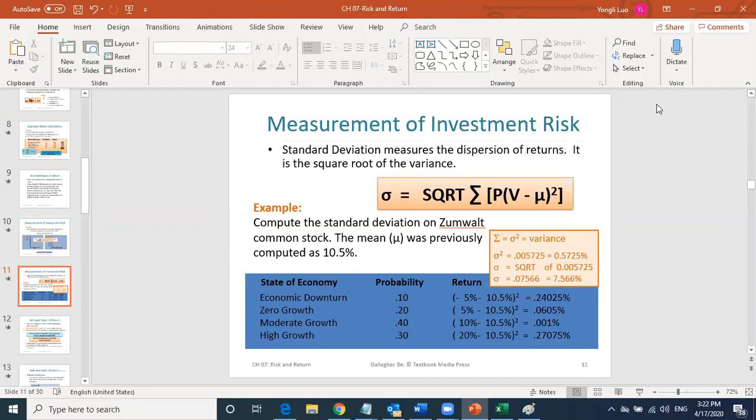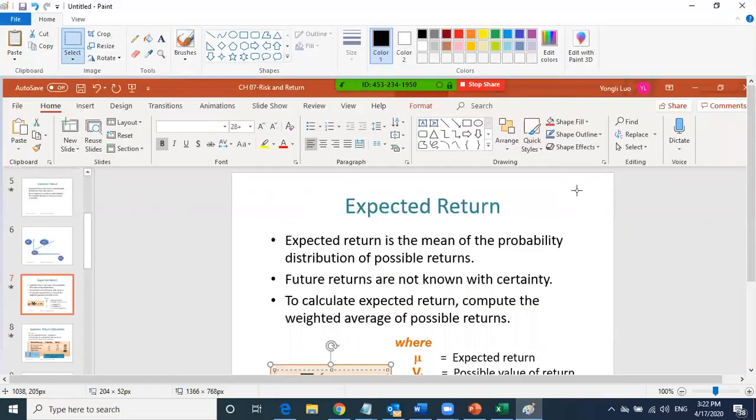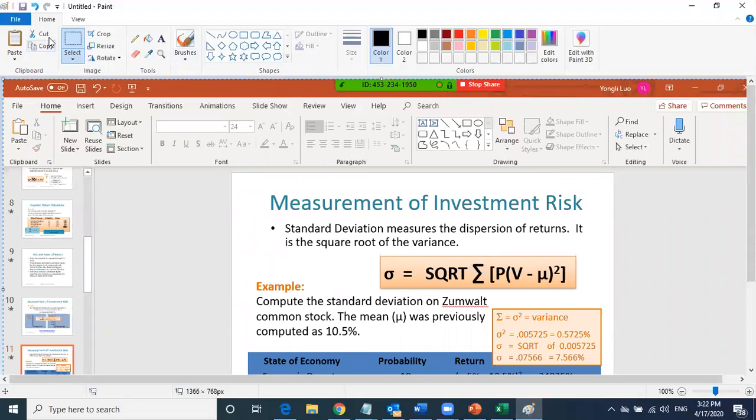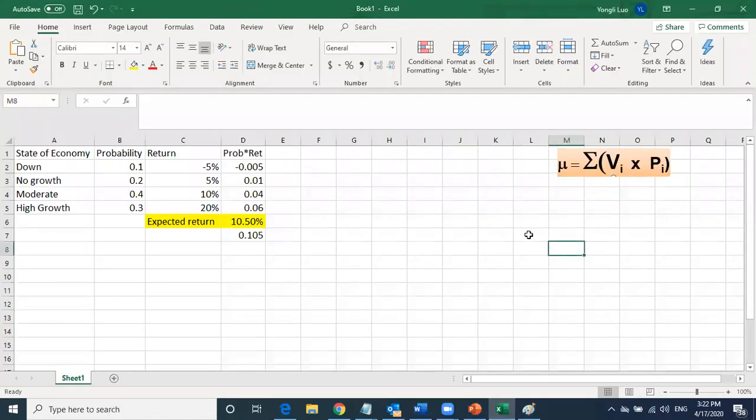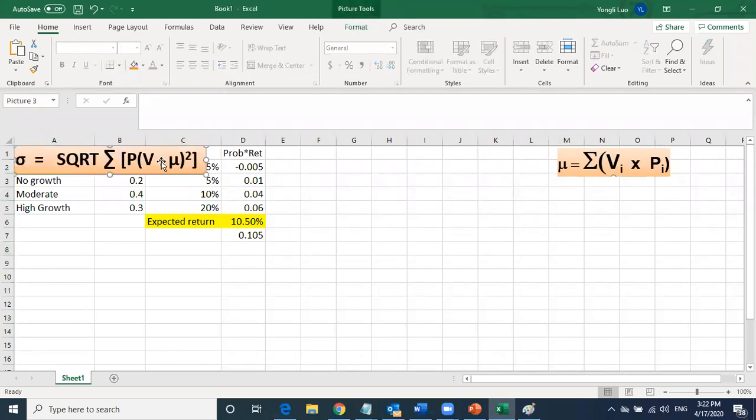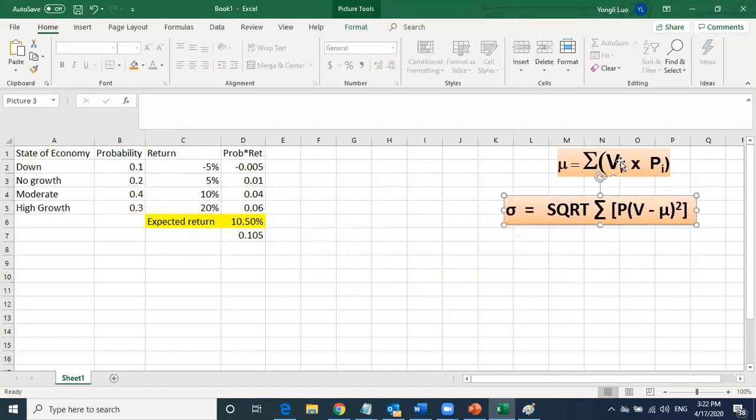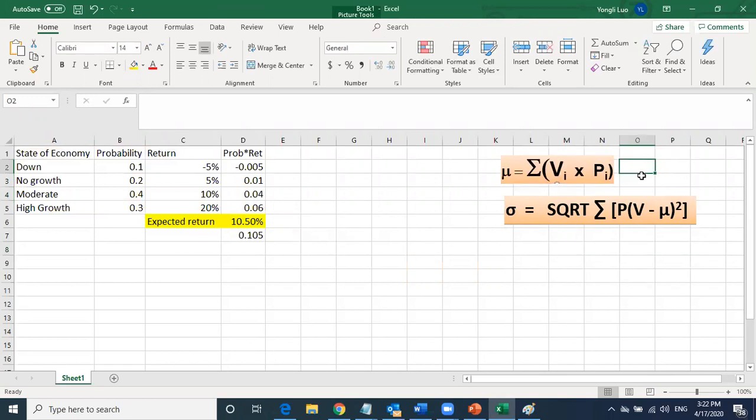So let's have this formula here. We have the square root of the variance. The formula on the top is applied to get the expected return.